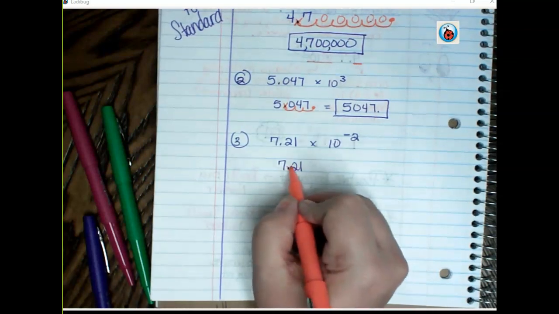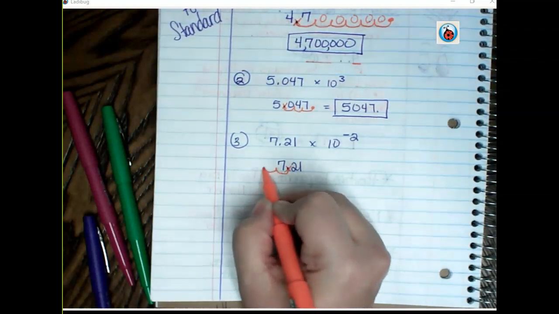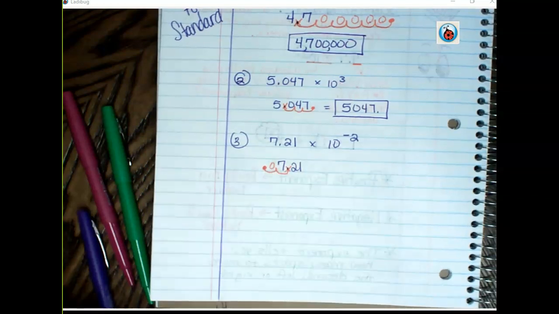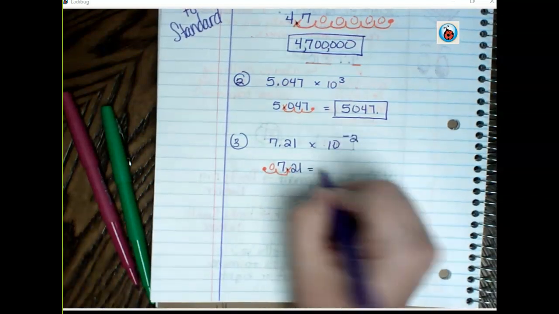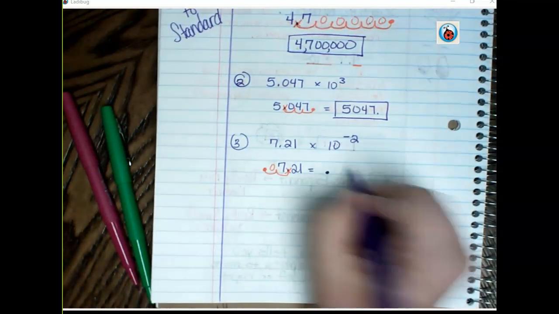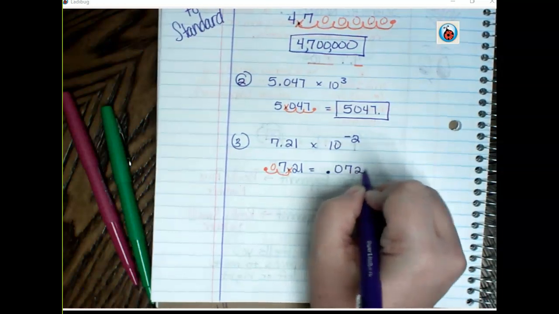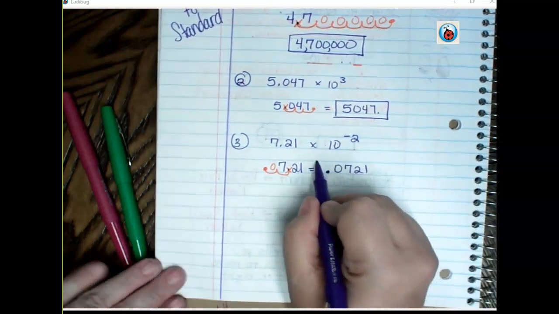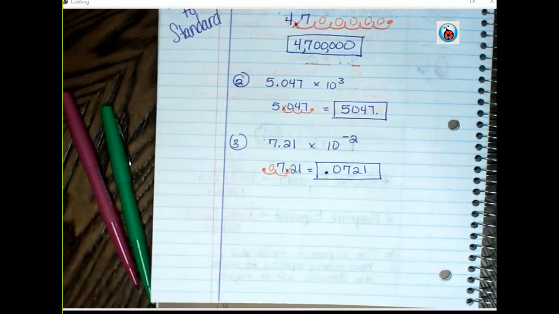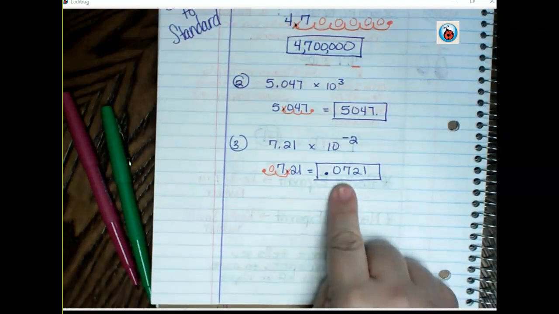So it's no longer here. 1, 2. I have to fill in 1 zero. So my final answer is 0.0721. So it's the same thing, I'm just going the other way now to make a little tiny decimal.